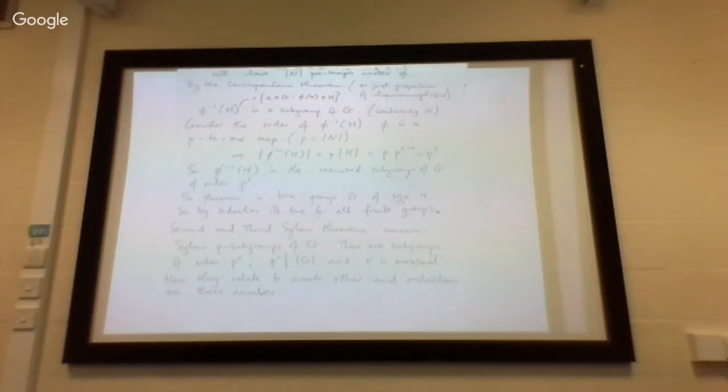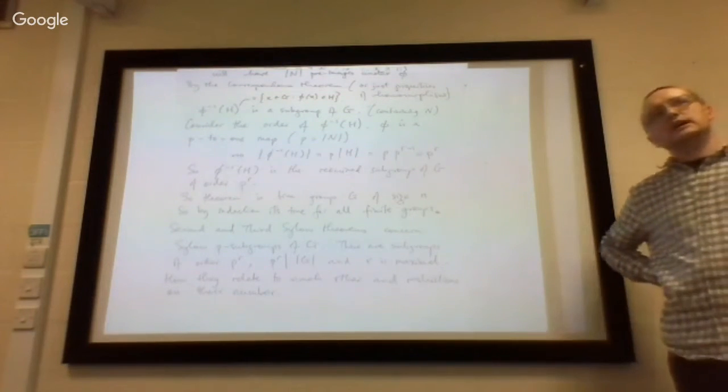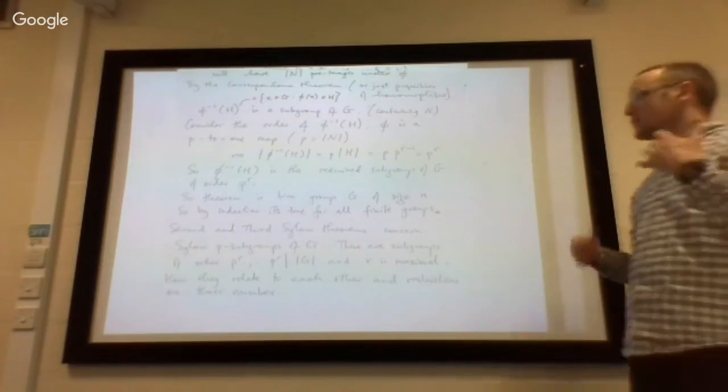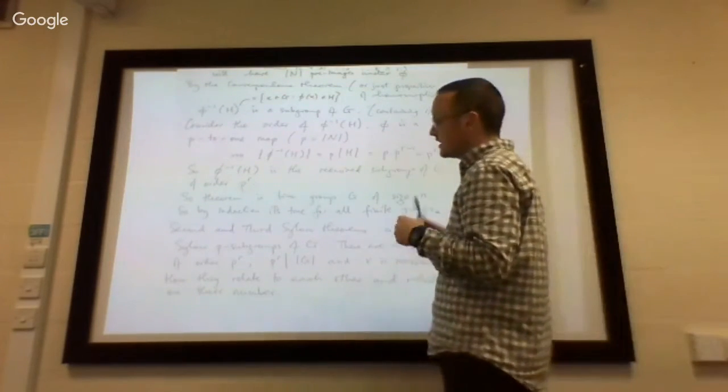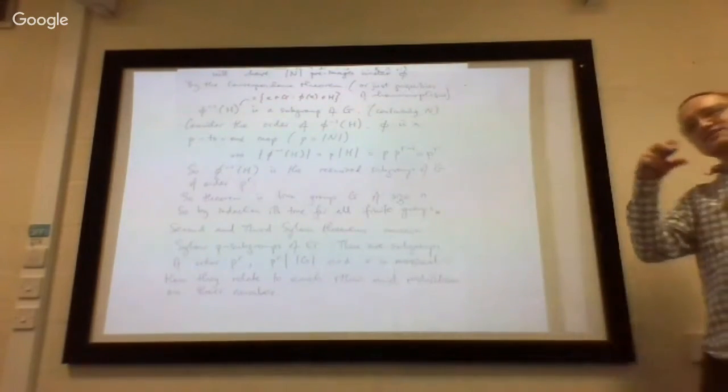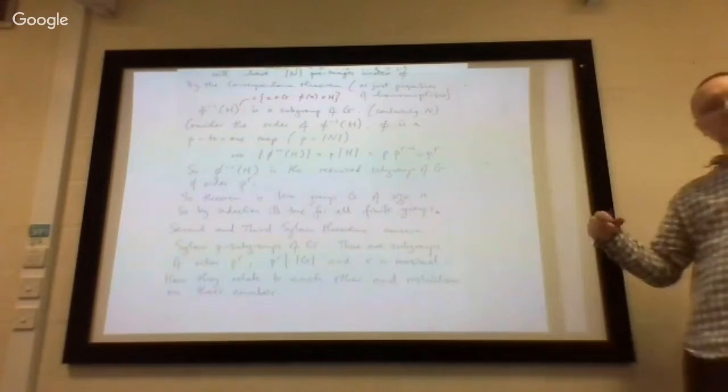So we're going to continue talking about this action of conjugation. For Cauchy's theorem and the first Sylow theorem, we're talking about the group G acting by conjugation on itself. For the second and third, it's still conjugation, but now not on the elements of G, but on the Sylow p-subgroups.